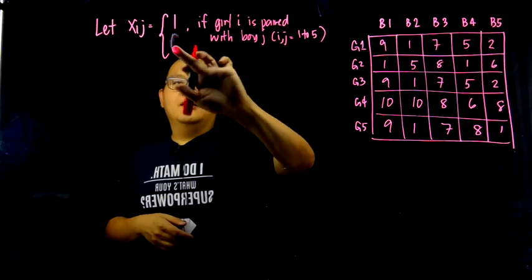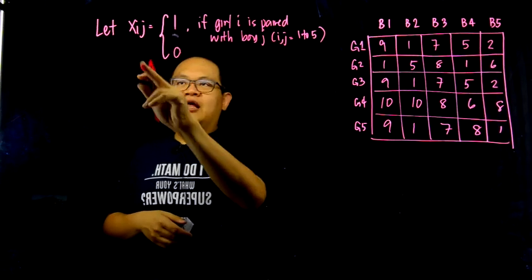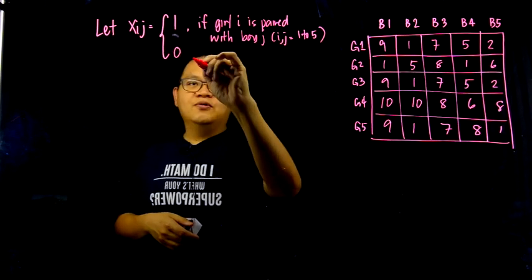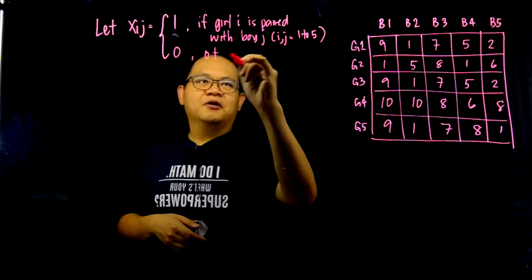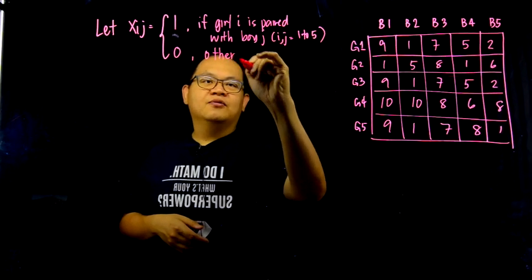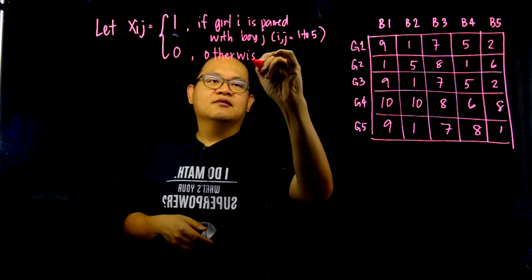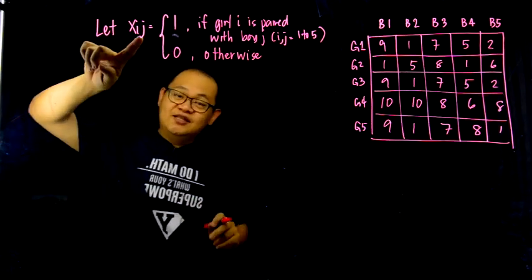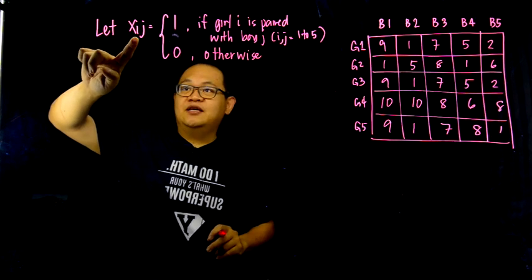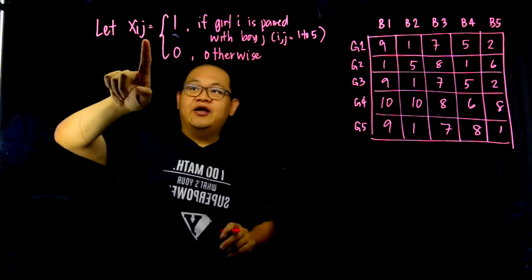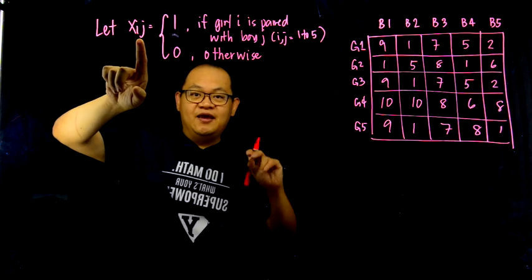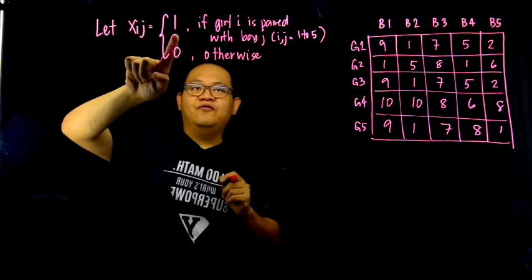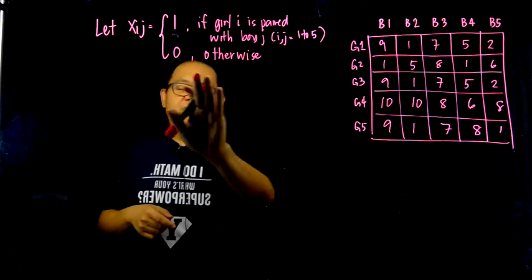Now, if xij is equal to 0, then we say girl i is not paired with boy j. Now, as you can see, we've defined an on-off switch called xij. And for each pair of girl i and boy j, there is a switch that can turn on and off. And this is how we define it.